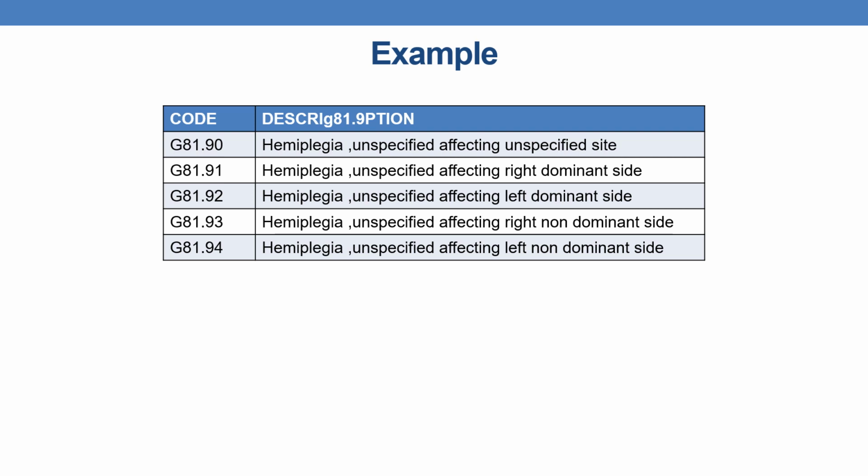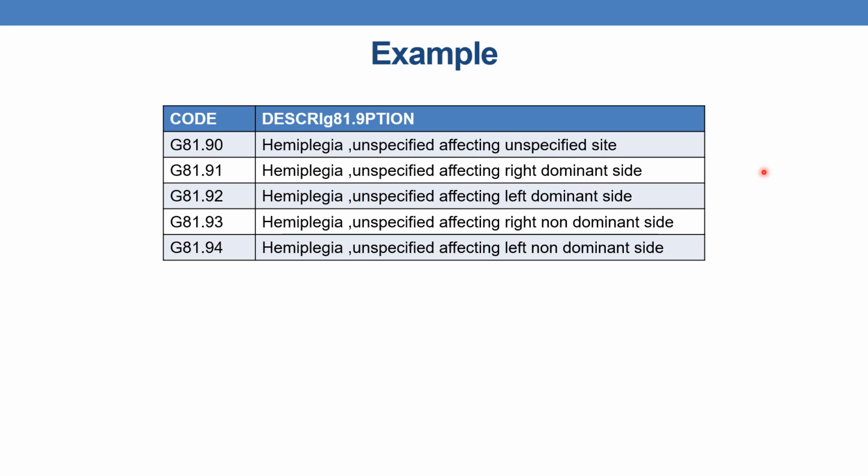Let us see an example. For example, let us take the G81.9 series. G81.90 indicates hemiplegia unspecified affecting unspecified side, whereas G81.91 indicates hemiplegia unspecified affecting right dominant side.